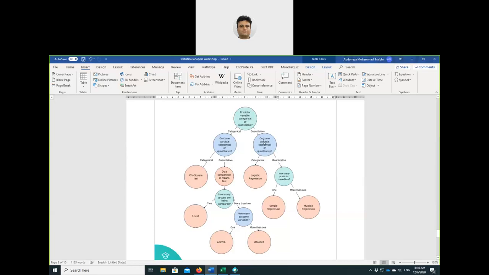Both quantitative, then it depends on how many predictors we have. If one, it's simple regression, between weight and height we can make a regression. If we have more than one predictor, or more than one independent variable, we use multiple regression.